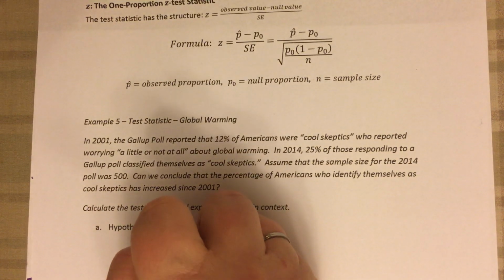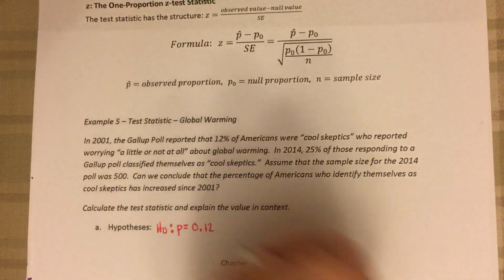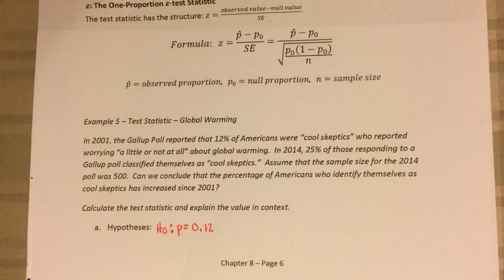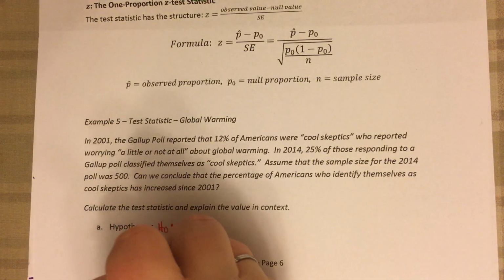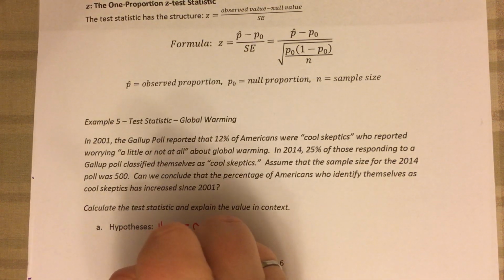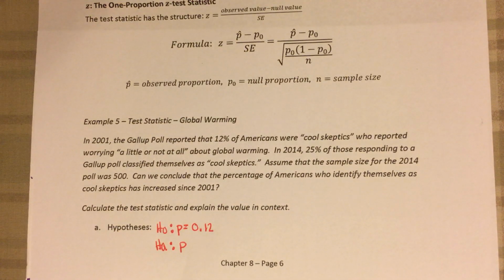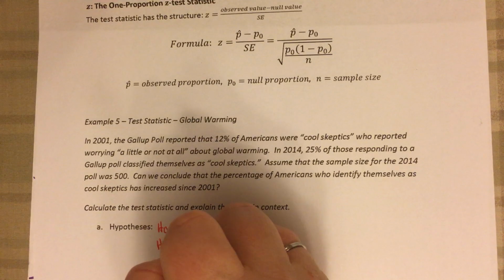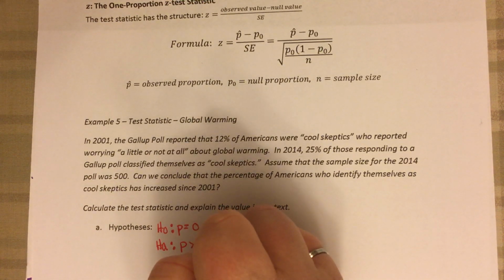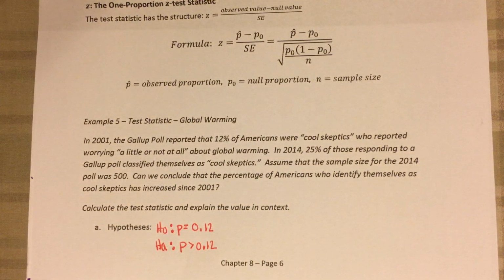So our p naught is equal to 0.12 for our null hypothesis. For our alternative hypothesis, we have 3 symbols to choose from: greater than, less than, or not equal to. In this case, we're looking at the word increased, so that's going to mean greater than 0.12. So as we progress through all these problems, before we do anything, the first thing we're going to want to do, generally speaking, is think about our pair of hypotheses.